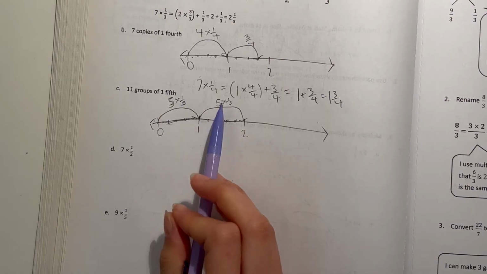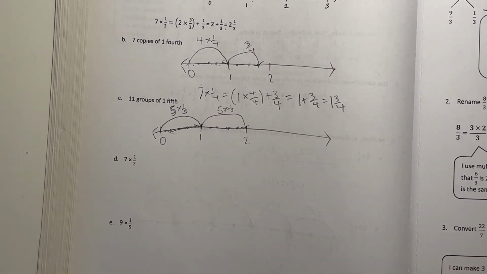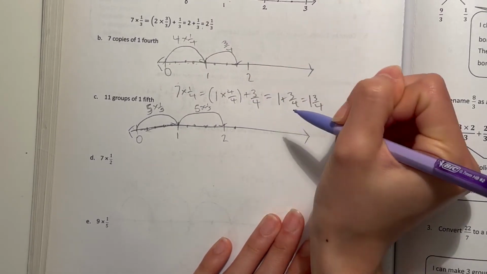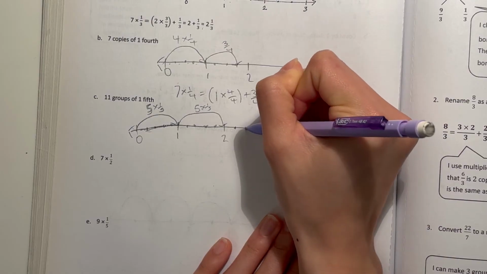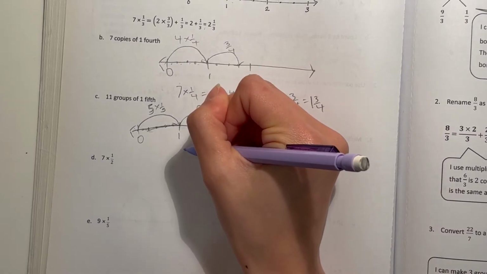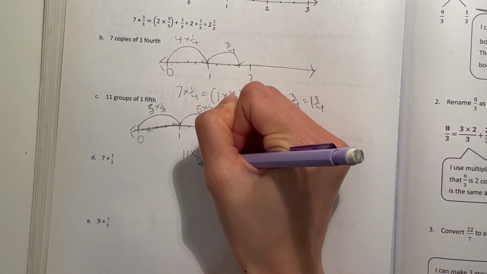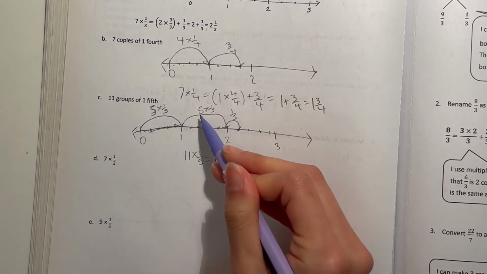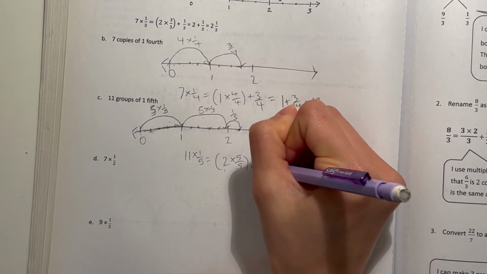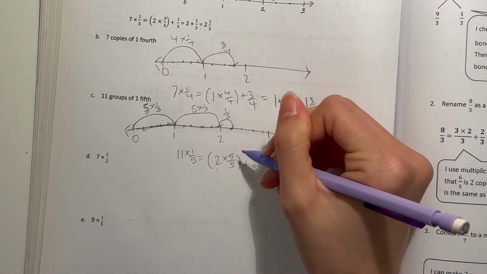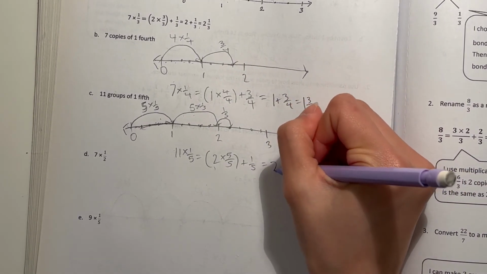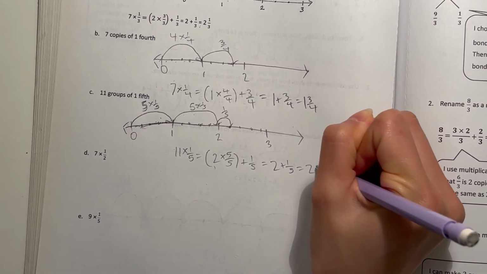So far we have 5 plus 5, which is 10 times 1/5. But we need 11, so we can just draw one more, right here. Just do plus 1/5. So 11 groups of 1/5 is 11 times 1/5, which would be 2, because we have 2 wholes times 5/5, plus 1/5. So 2 times 5/5 would be 2, because that's 2 times 1. Plus 1/5, that's 2 and 1/5.